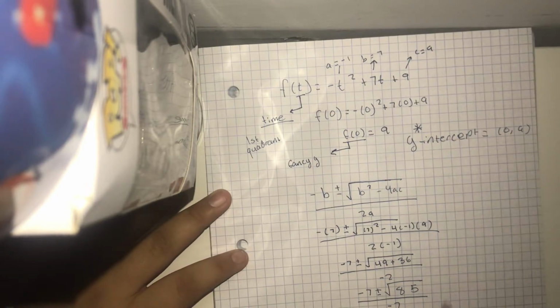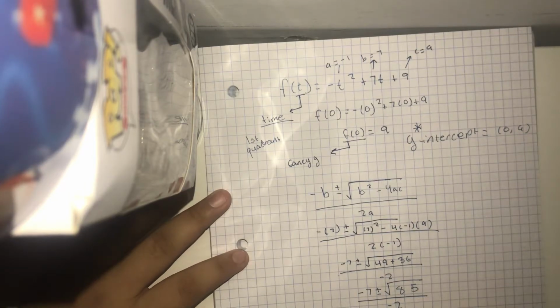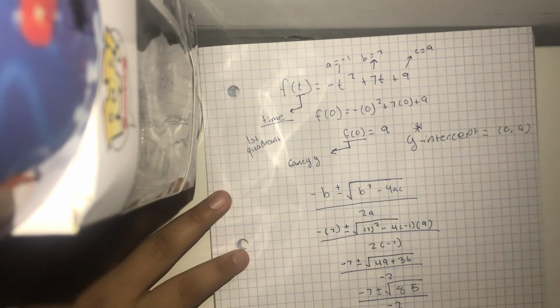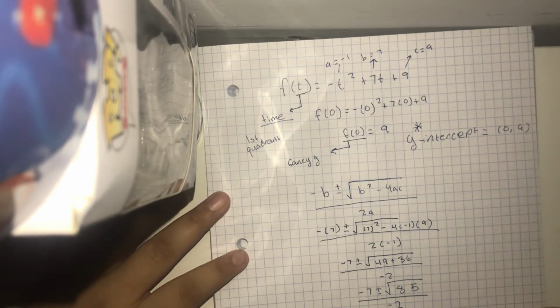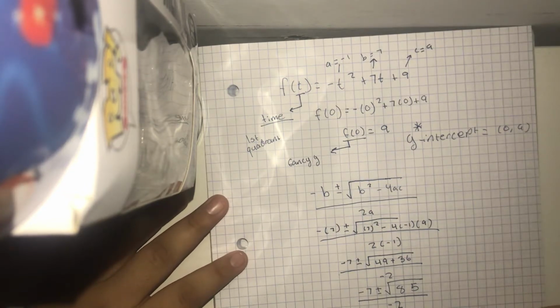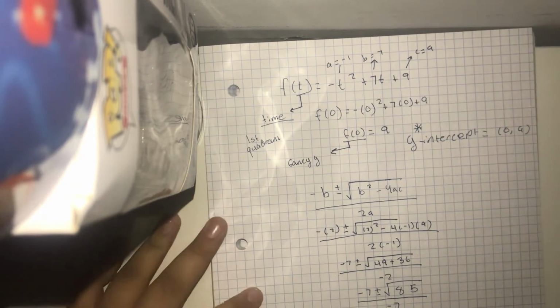all over negative 2 equals negative 1.109772, or to simplify, negative 1.11.